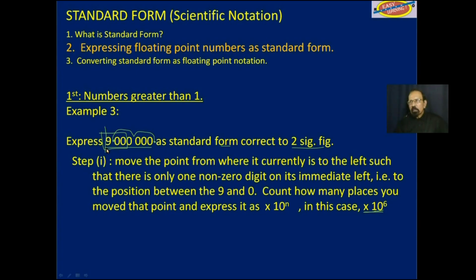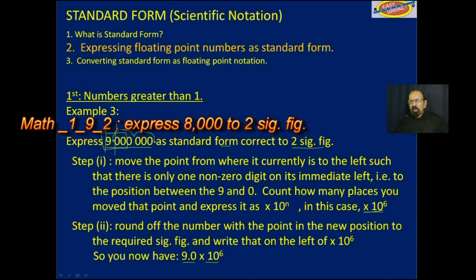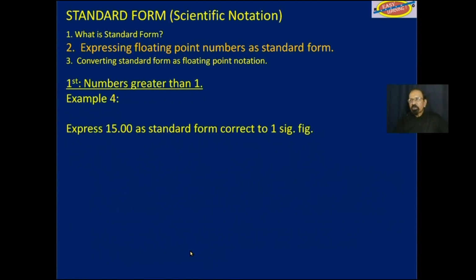That's 1, 2, and so we get 9.0. Remember, in one of those, when we had to round off numbers to significant figures, and we couldn't because the zero caused some problems. This is the format that we can use, and you can clearly see two significant figures there. That was example 3.